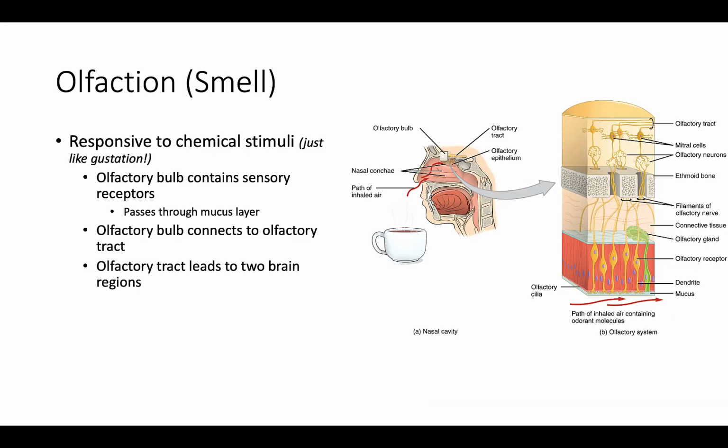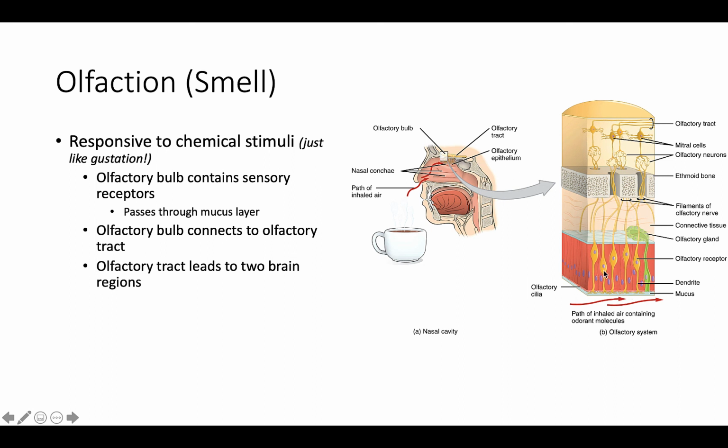And so that last diagram showed smell, and so that feeds directly into what we would talk about next, which is olfaction. And so again, just like gustation, olfaction is responsive to chemical stimuli. And so you have an olfactory bulb just above the ethmoid bone, and this olfactory bulb basically contains sensory fibers. So here's our bulb.